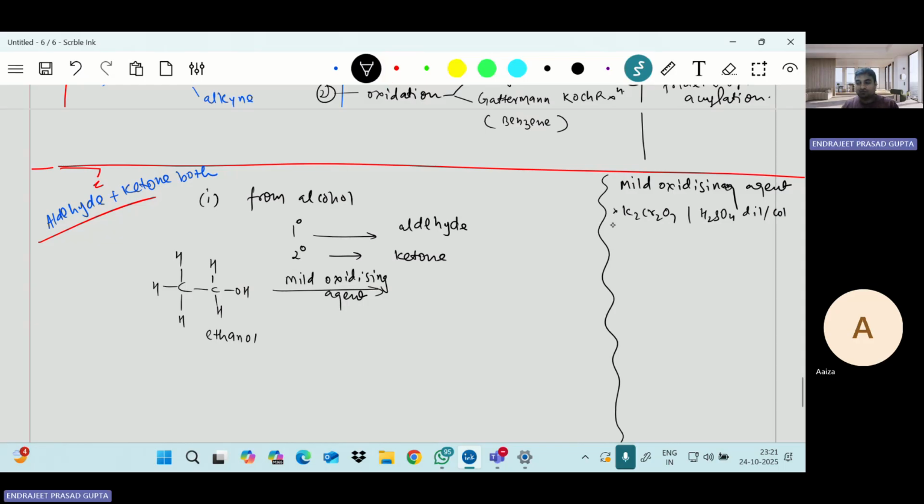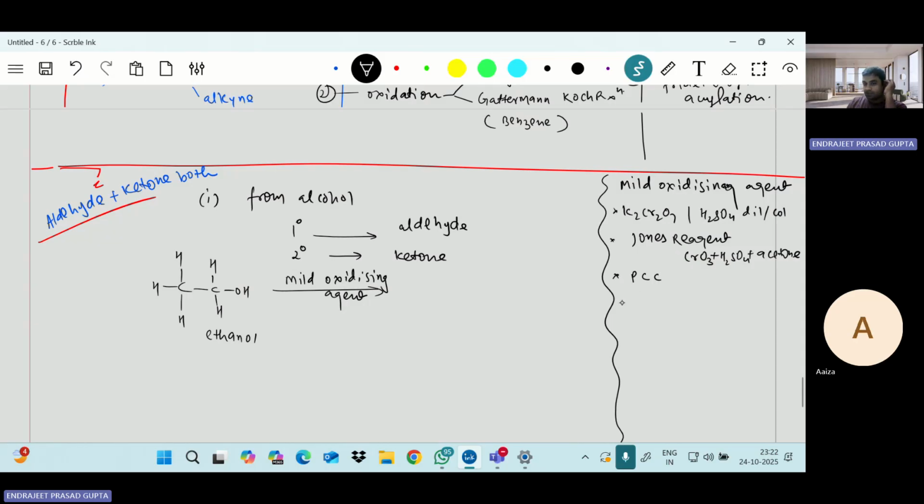Others you can also take are Jones reagent, a very, very important reagent. It's a mixture of chromium oxide, H2SO4 and acetone. And you can even use PCC, pyridine chromyl chloride.